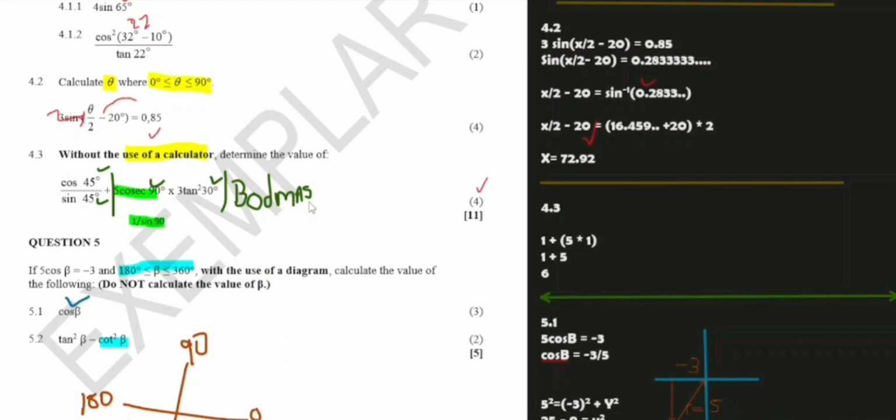The sine of 45 is square root of 2 over 2. Cosec is a reciprocal function of sine, of which you can write also as 1 over sine 90. And what is sine 90? 1. Right? Tan 30 is equal to 1 over the square root of 3.